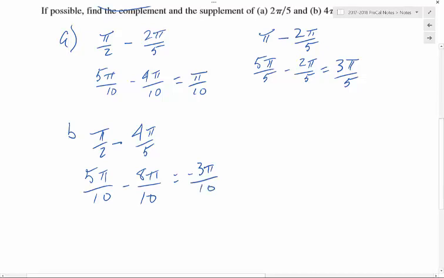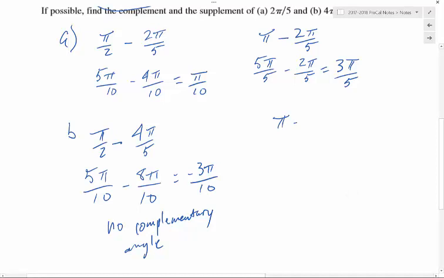In this case, we would say that it does not have a complementary angle, because two complementary angles would be angles that are less than 90 that add up to equal 90. Well, that won't work.